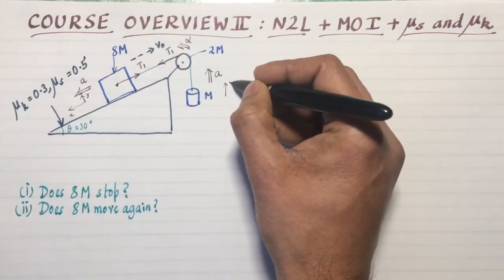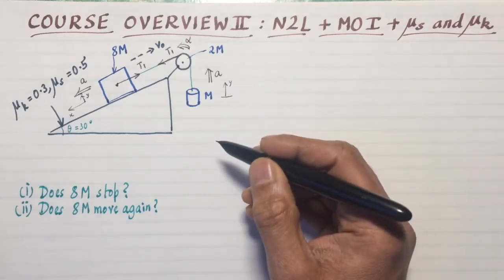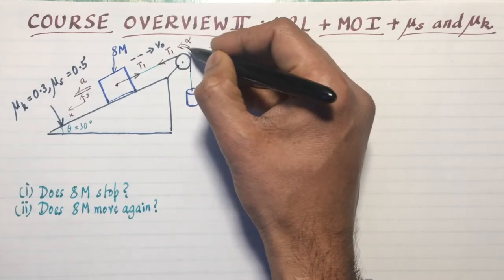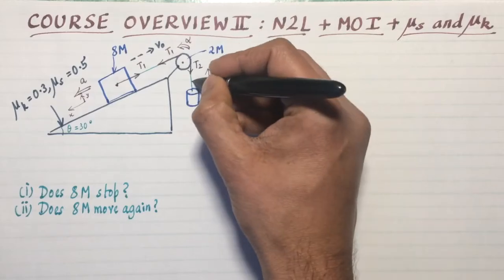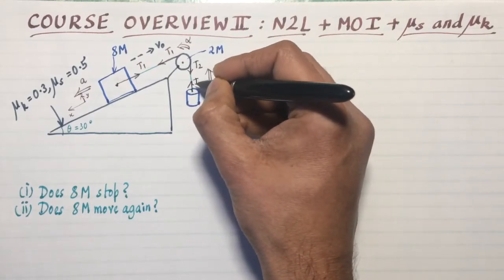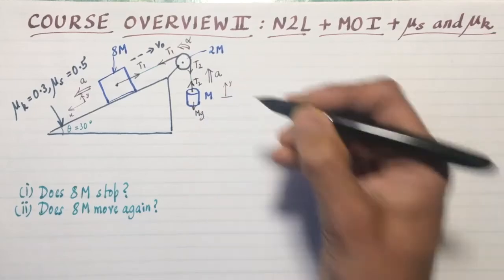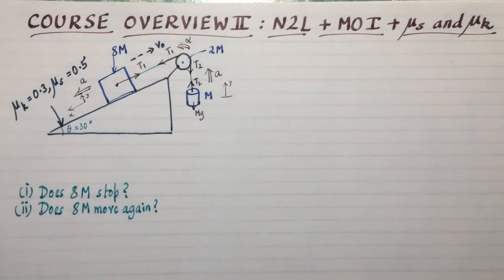I always like to take the y-axis to be positive in the direction of acceleration for these vertical masses. And then we're not done yet. Because acceleration is in this direction, we need tension T2 to be smaller than the tension T1. That's T2 again, and the weight is the smallest force there because the whole thing has to accelerate up.